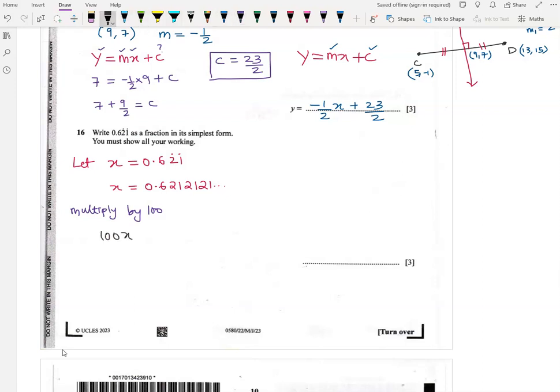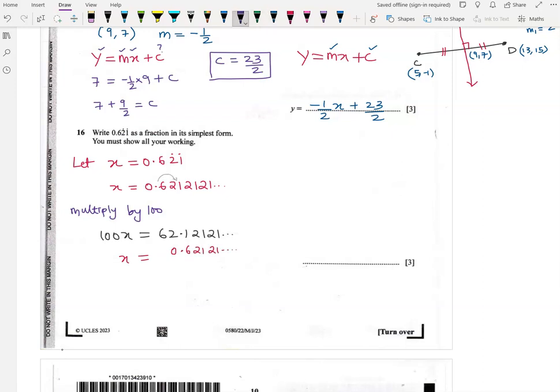So when you multiply by 100, the decimal point will jump 2 places to the right, so we get 100x equal to 62.12121. Okay, now copy the first equation below this. So x equal to 0.62121 and so on.